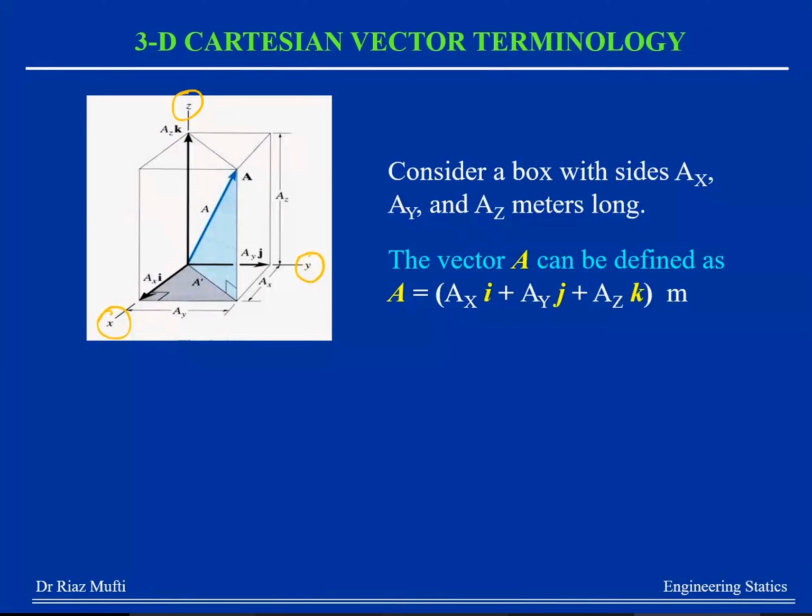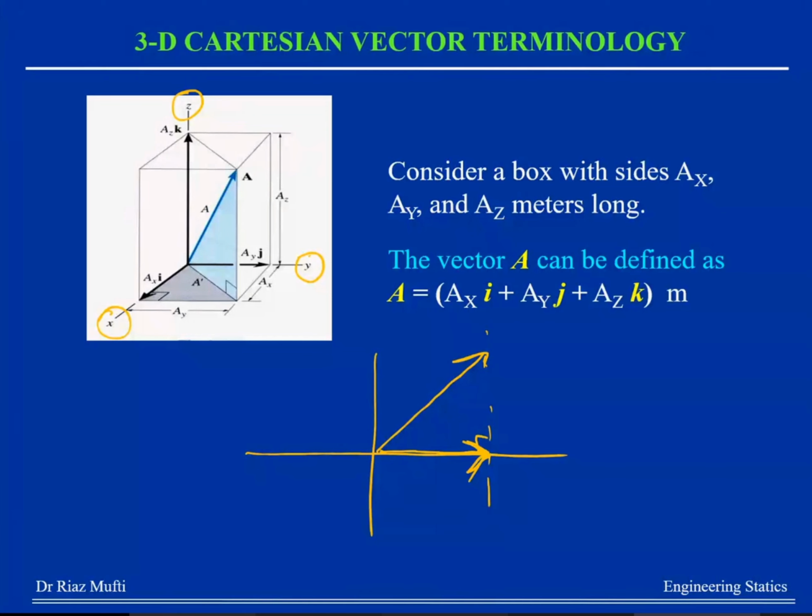Now, vector A can be defined in terms of x, y. Like remember in 2D, you got a vector, you can split it into two components. I've got a vector, I can split into three components. Just remember for concept purpose, I was taking a perpendicular to get this component out.